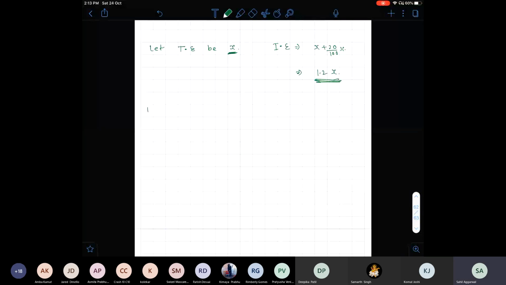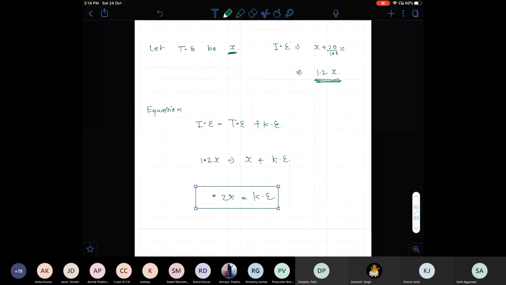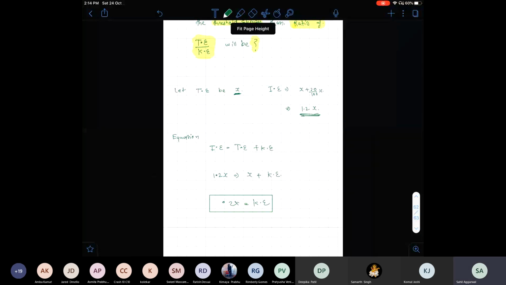Applying the equation, incident energy is equal to threshold energy plus kinetic energy. Incident energy is 1.2X, threshold energy is X, then kinetic energy will be 0.2X.